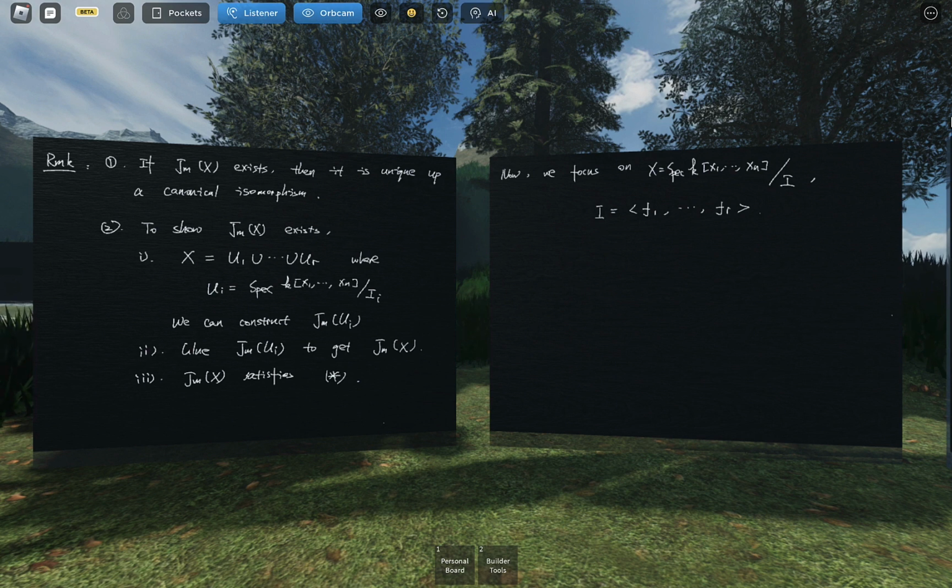If you don't mind me just inserting some high-level intuition for people to help them follow along. The jet scheme of X is telling us about points and tangent vectors and the next thing in the Taylor series expansion beyond tangent vectors and so on.